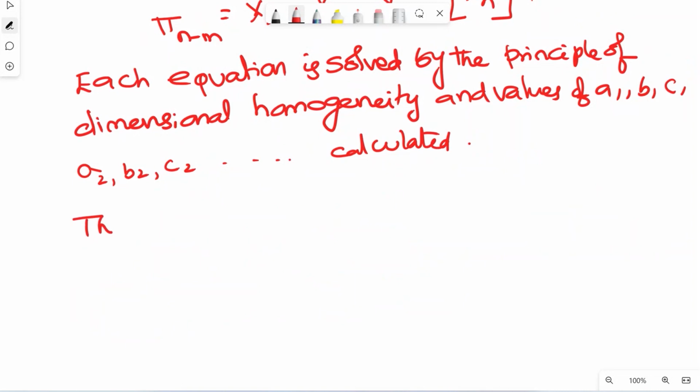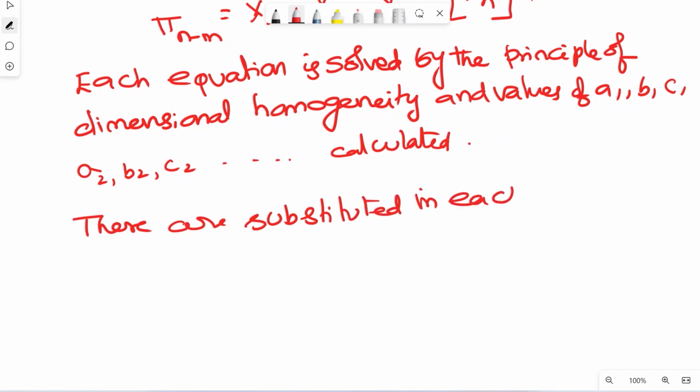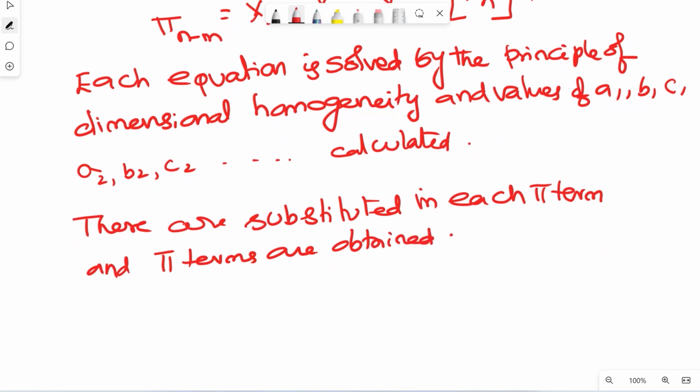Now these are substituted in each pi term and the pi terms are obtained. Right?